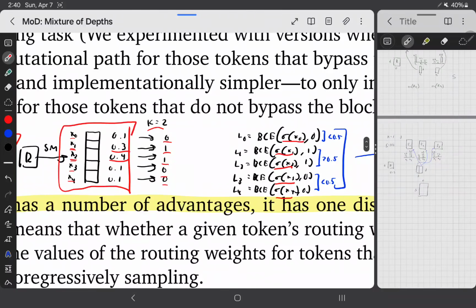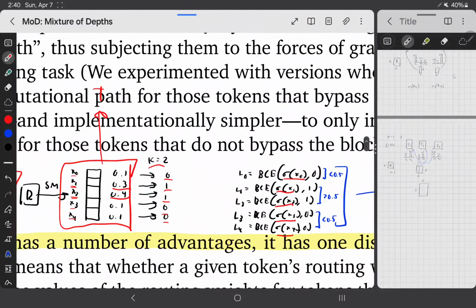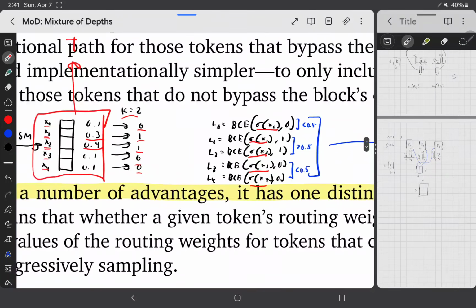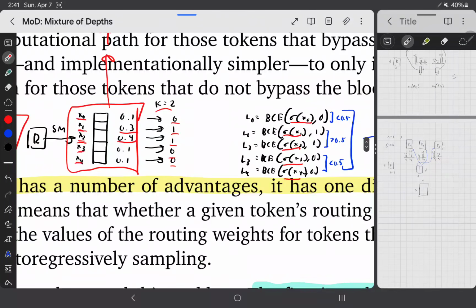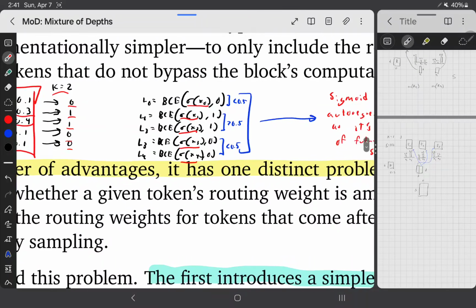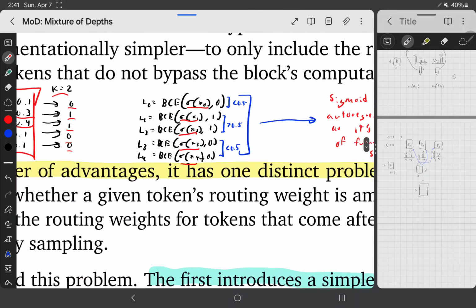This part here is sent through the transformer, but you have this auxiliary loss, which is a way to allow this to be sampled in a causal way. And you have these independent sigmoids using the same exact activations, which try to mimic the goal of the softmax, this routing. And if it does that well, then you can sample using this procedure here.